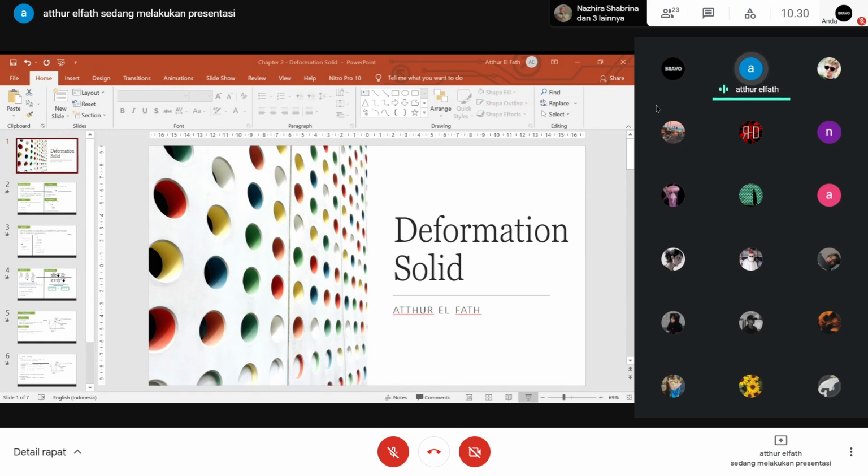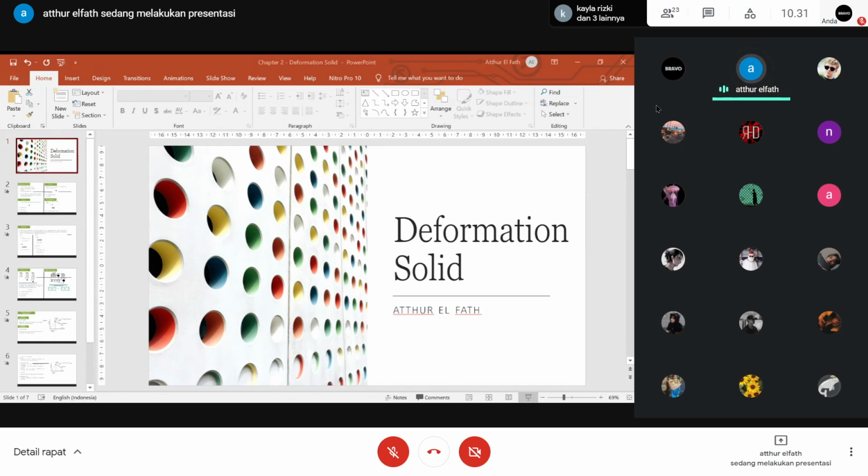For example, if I have two different materials, the first one, let's say iron, and then the second one is rubber.